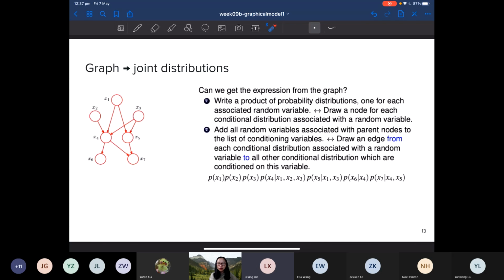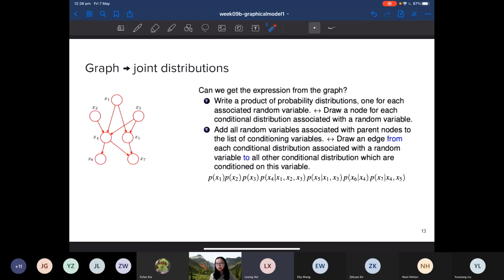And then for each random variable that has incoming edges, we're just going to make it conditioned on the nodes that point to it, right? So x4 has 3 parents, x5 has 2 parent nodes, x1 and x3, x6 has 1 parent, x7 has 2 parents.